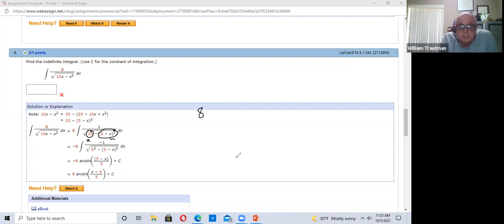Let me erase that because I can't see hardly anything when I write over it. We have the 8 in front, 1 over the square root of 25 minus 5 minus x squared. And let's change that 25 to 5 squared.